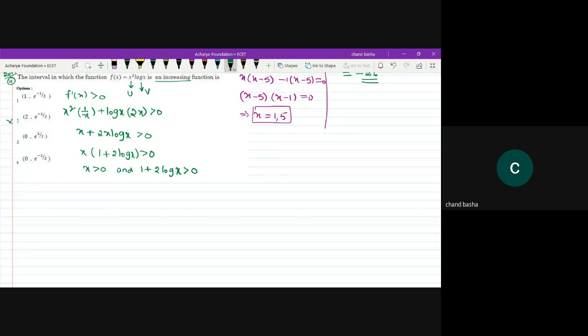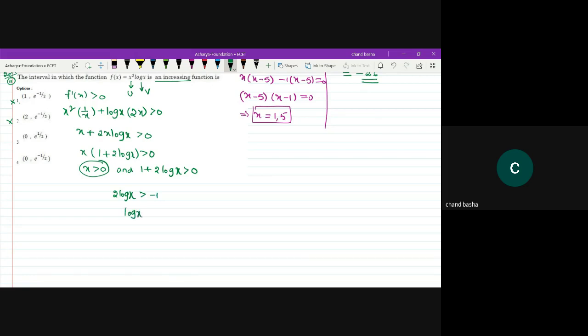First two options will be deleted. Why? Because x is greater than 0, x is always positive. So the starting value is 0. Next part, 1 plus 2 times log x, greater than 0 means 2 log x is greater than minus 1.